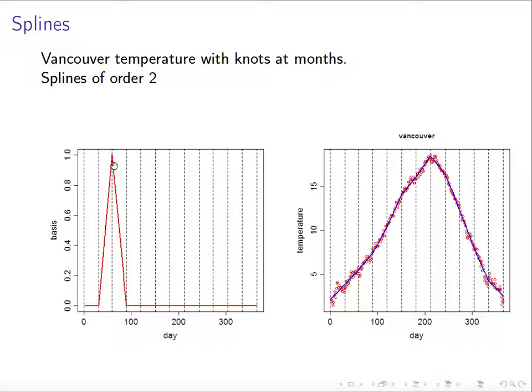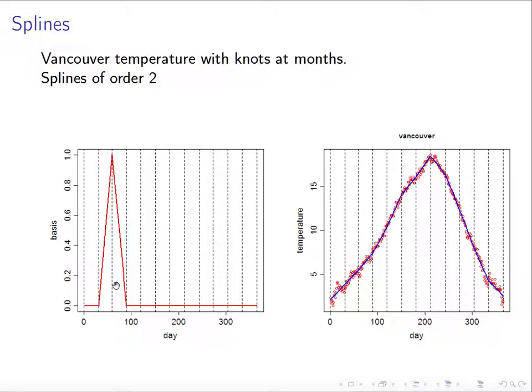The segments are continuous, joined together at the knots. This shows one order 2 B-spline basis function, which is nonzero over 2 segments. This is a very important feature of B-splines.